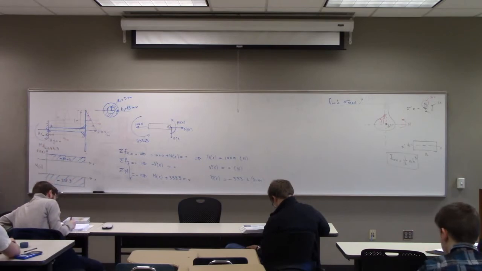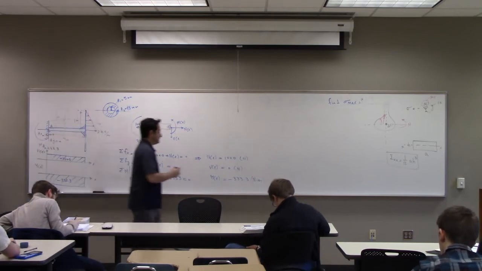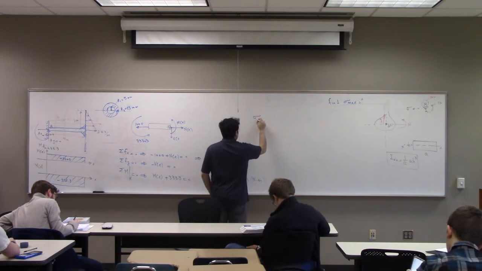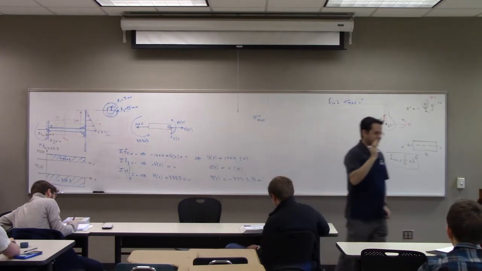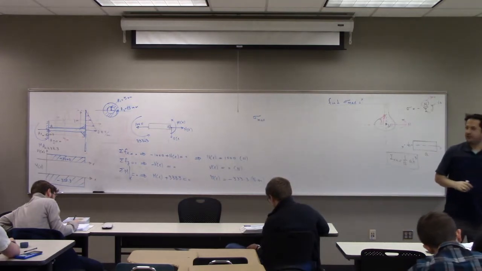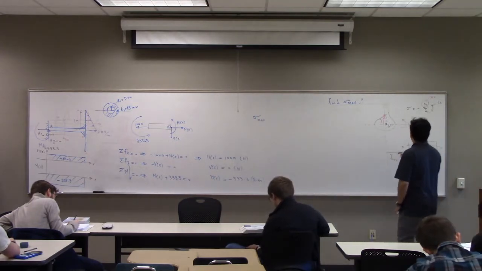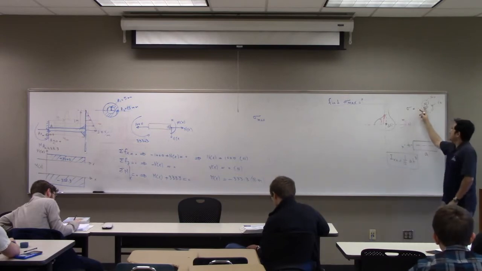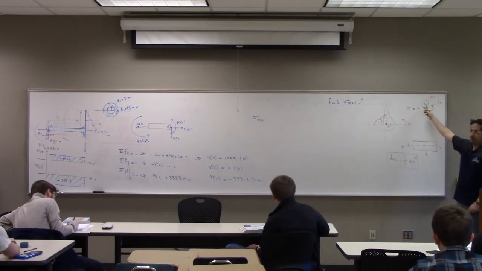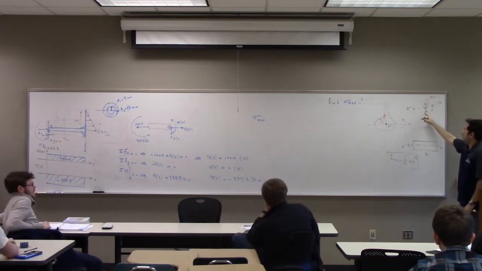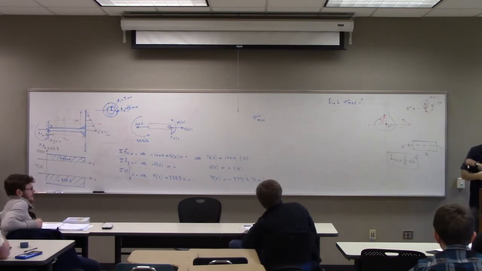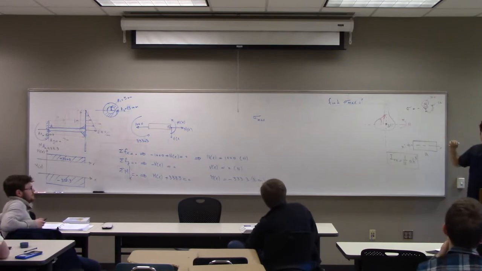So these are given. Now I say the max stress. Now this is important. If I say the max stress is equal to sigma, with the max moment that I have, 333.3, divided by the moment of inertia, times y.